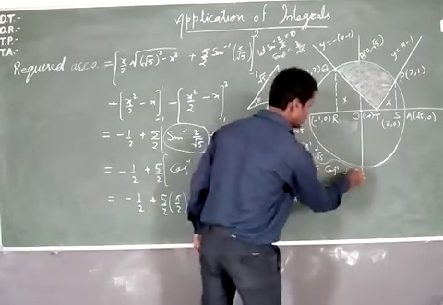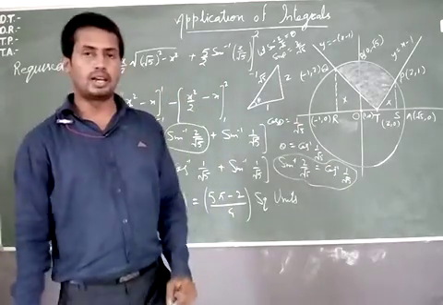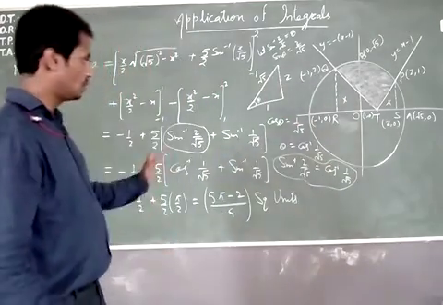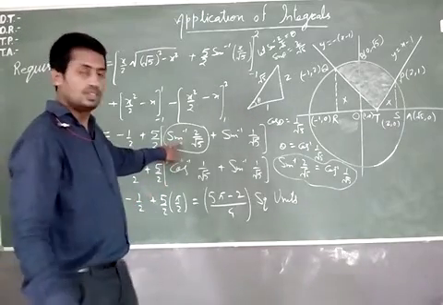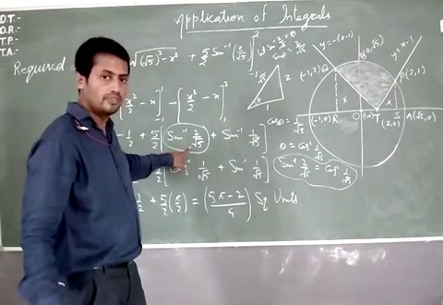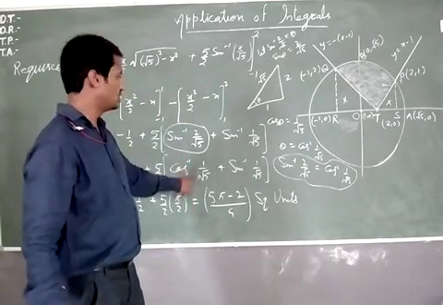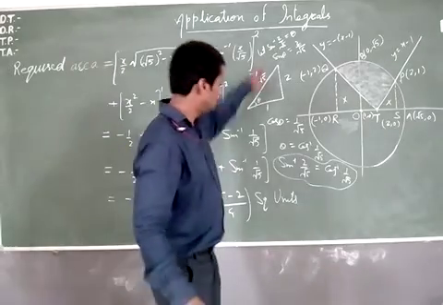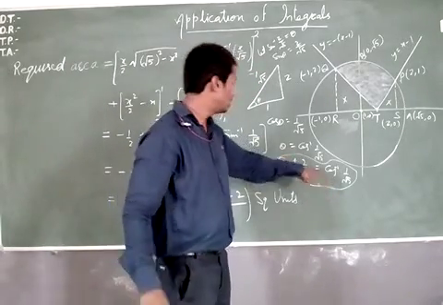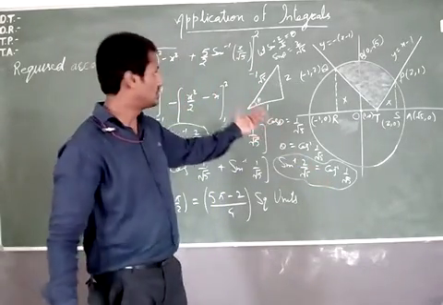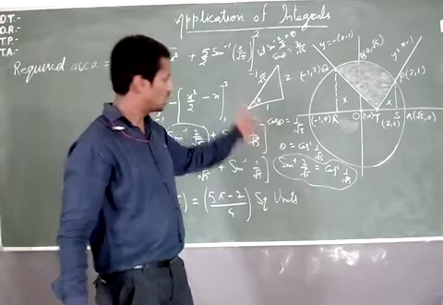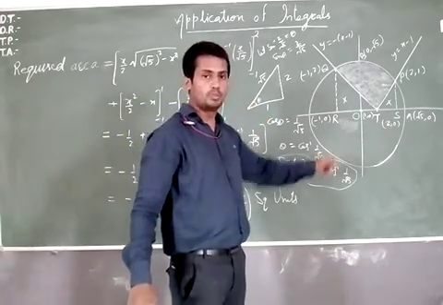Applying the inverse trigonometric function property, we can write sin inverse 2 by root 5 equal to cos inverse 1 by root 5. This is the explanation of how we change sin inverse 2 by root 5 into cos inverse 1 upon root 5.